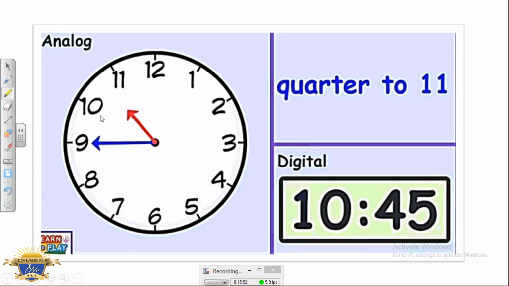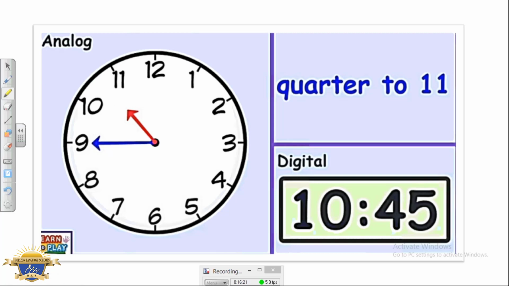So it's 10:45. Again, it's a little tricky. When I write the digital clock, I will take the small number, just in this case.